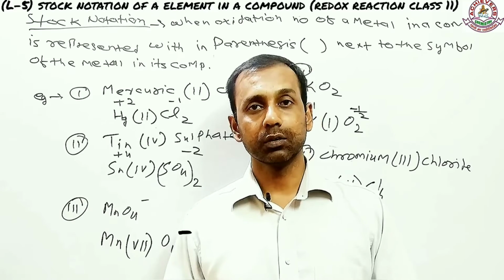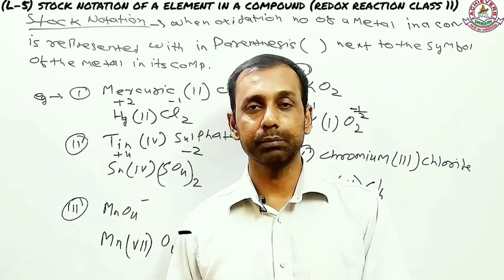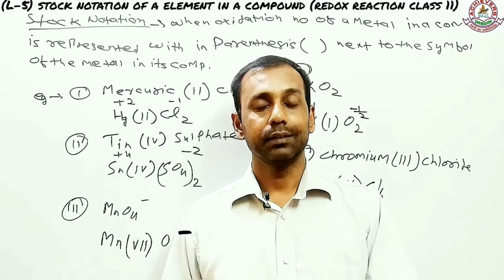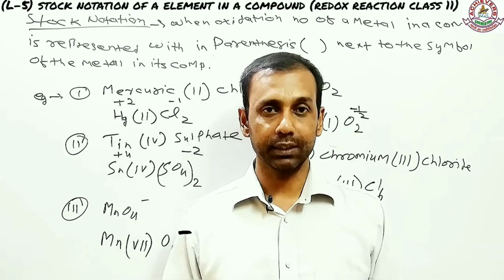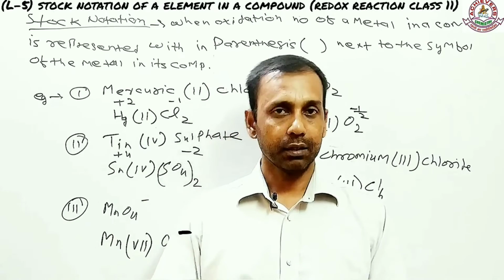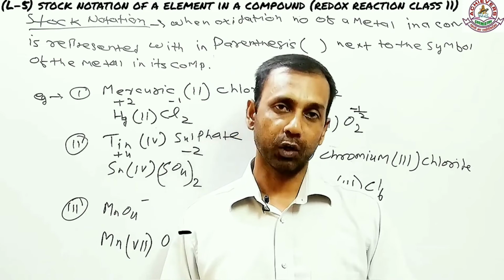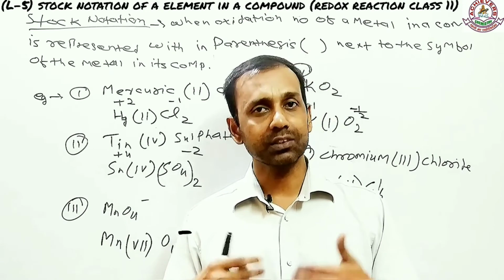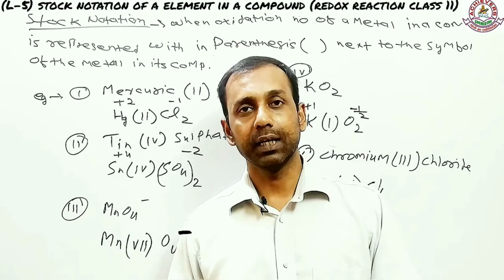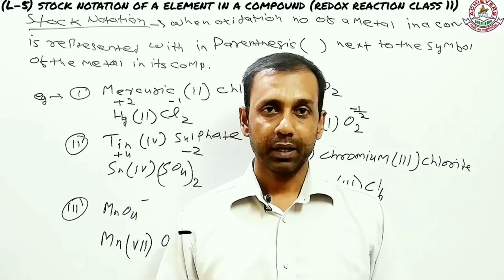So to make sure that each and every metal in a compound has its oxidation number clear, he started this notation, where he placed the oxidation number of the metal next to the symbol of the element within a small bracket. It was just a way to make sure the metal's oxidation state is highlighted. That's what he did.